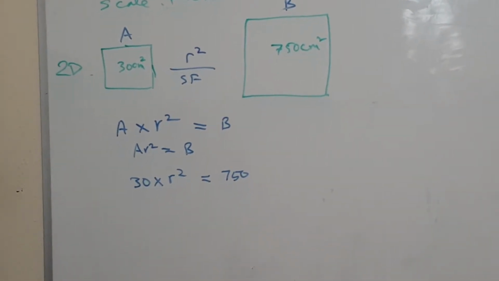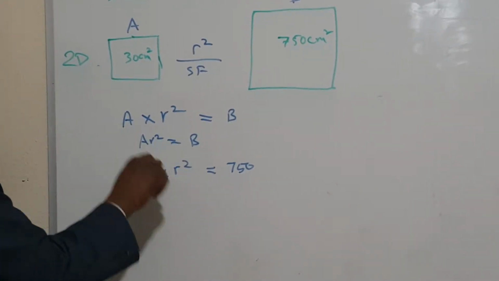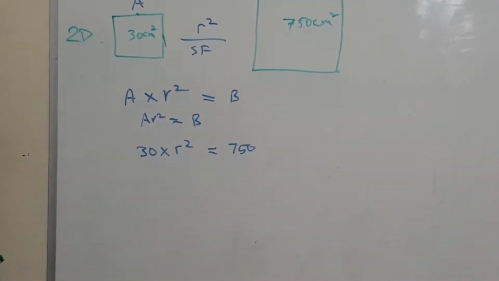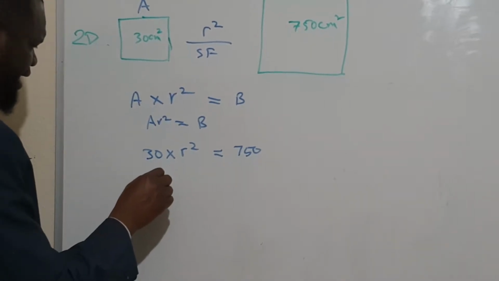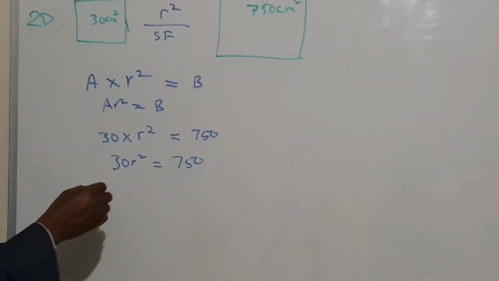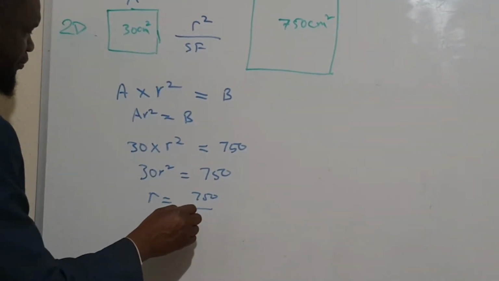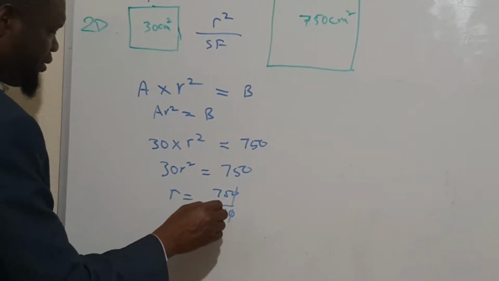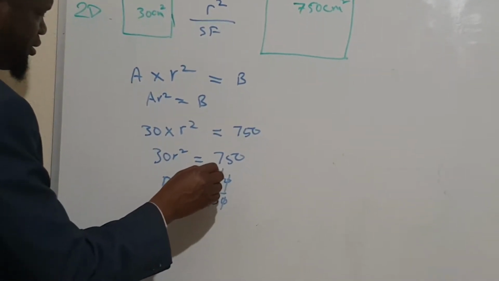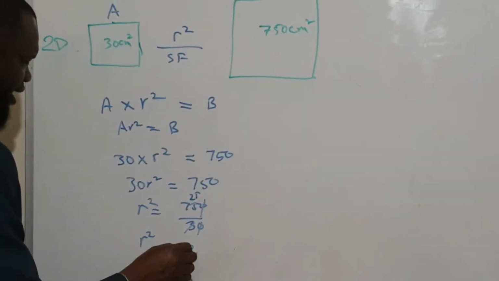To get rid of the 30, divide both sides by 30. So r squared is equal to 750 divided by 30. Cancel the 0, this goes 25 times. So r squared is equal to 25.